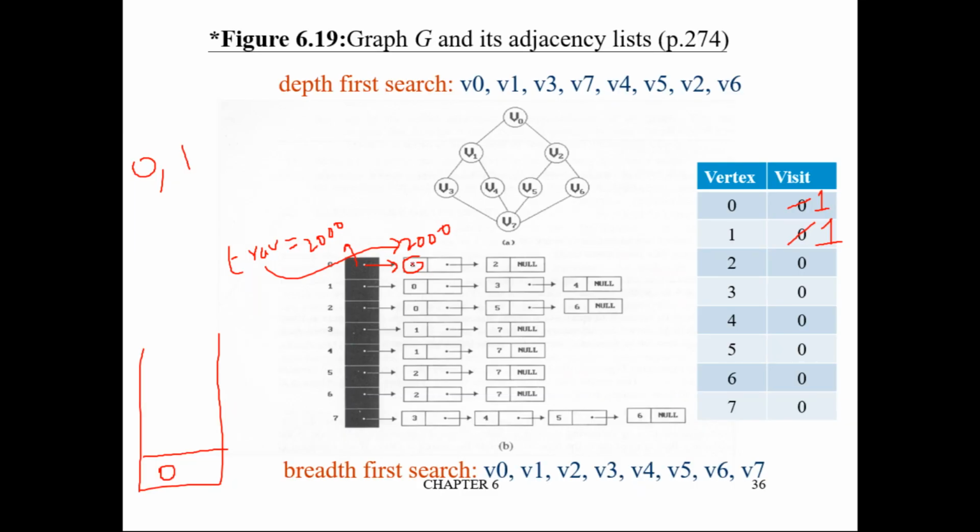What is traverse arrow key? 1. So adjacency list of 1. What is adjacency list of 1? Adjacency list of 1 is this.